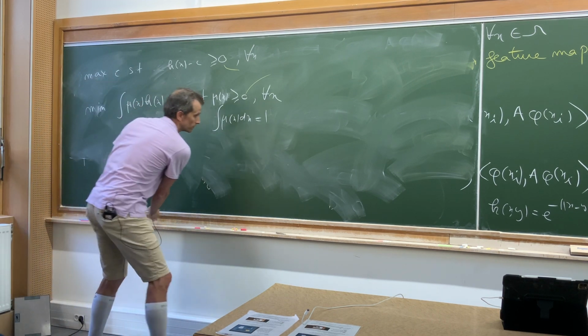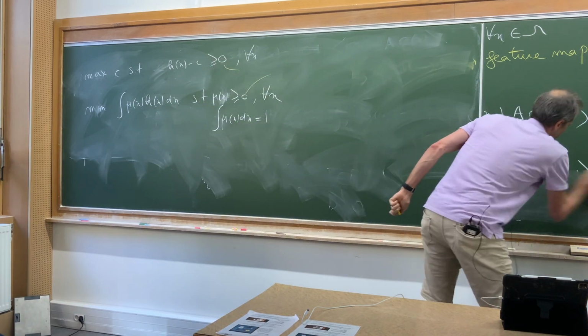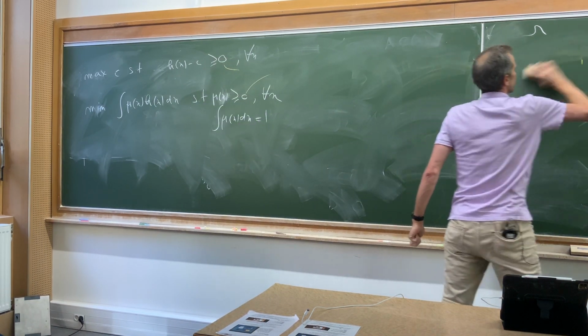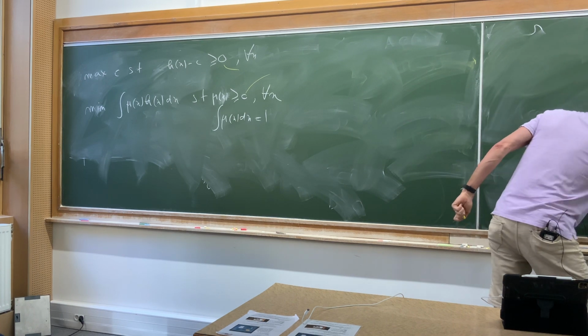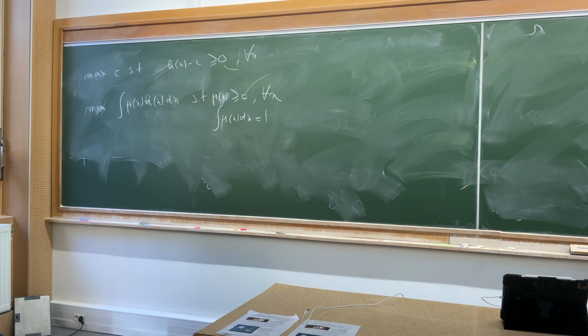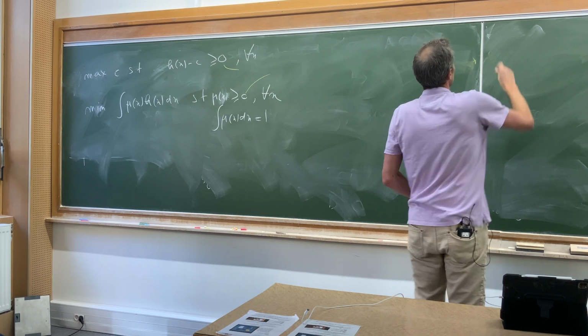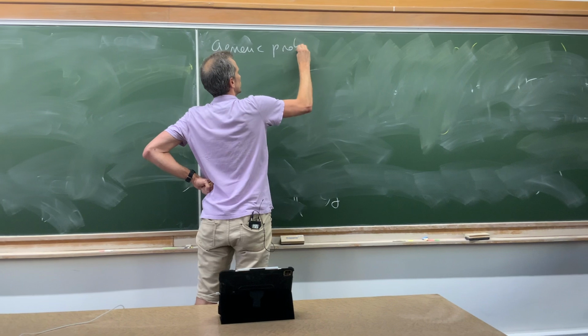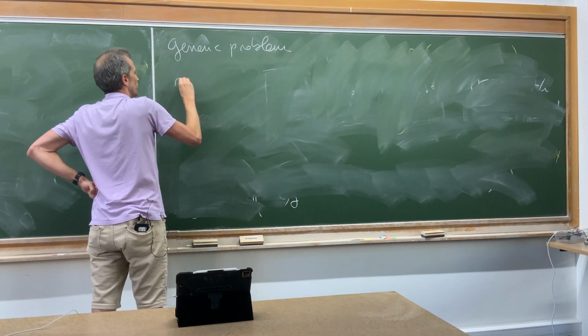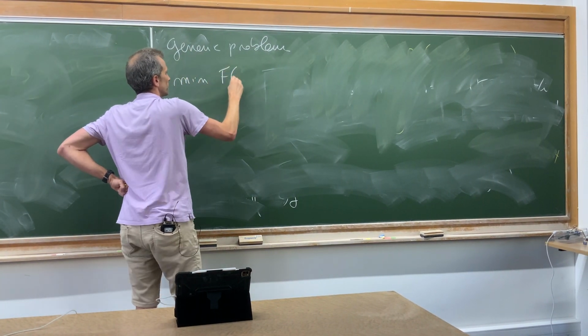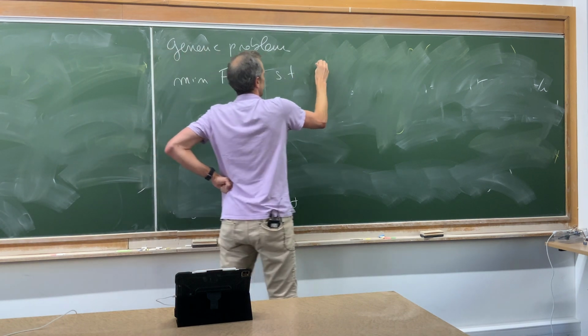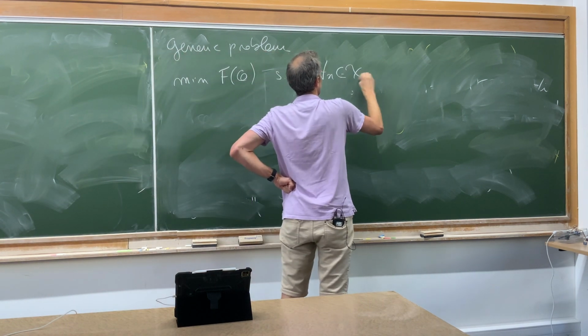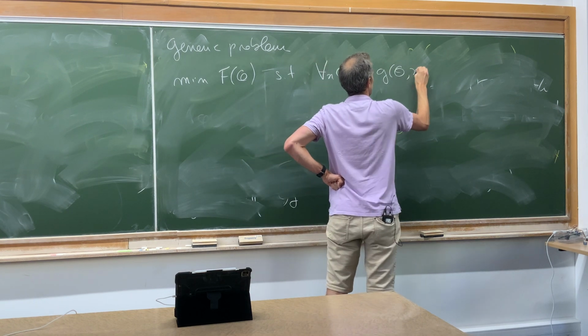Alright, so let's see what we can do more generally. I will first give a very generic formulation and then specialize to optimal control. Let's assume you have a generic problem, which is you want to minimize f of theta such that for all x in your set, g theta of x is positive.